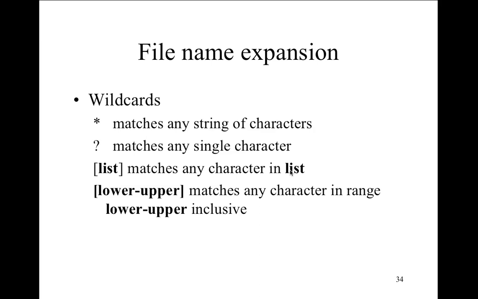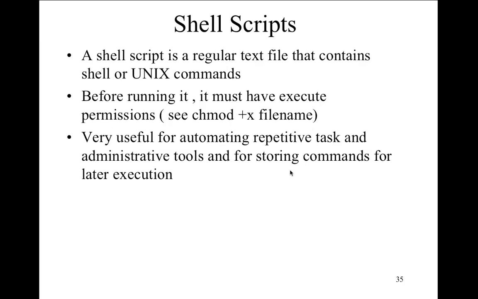So when we give star.star, it's the shell that's interpreting the wildcard and finding the information for us. Or a list that matches any character in the list. Lower to upper, upper to lower. Changing the case of characters is a shell kind of thing.